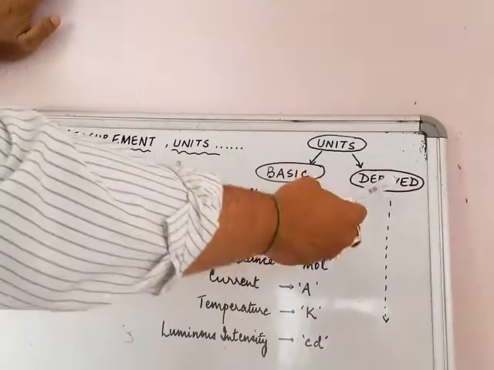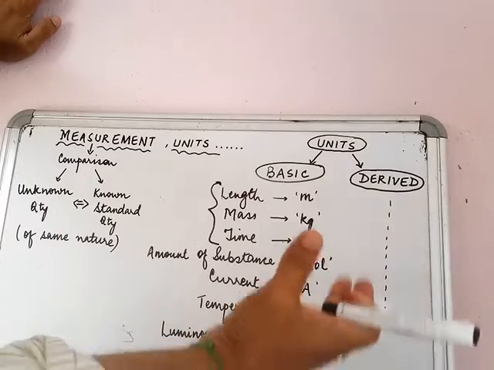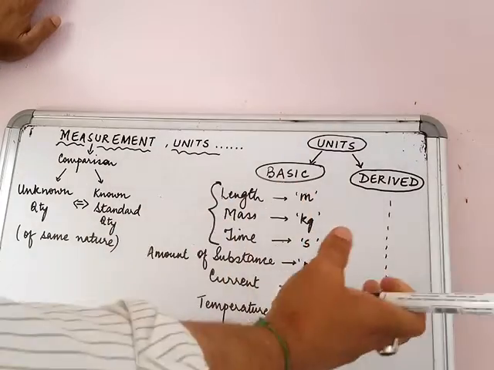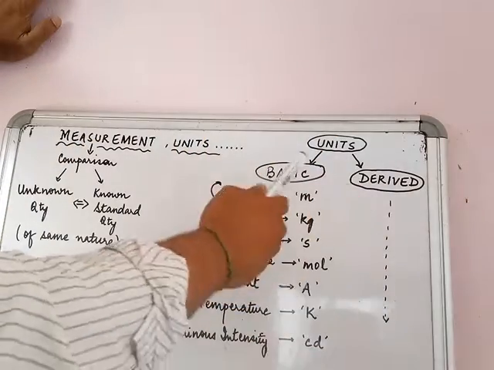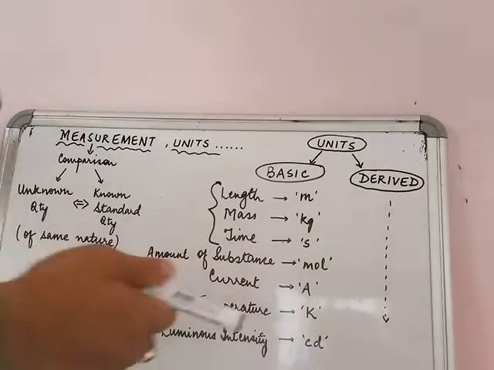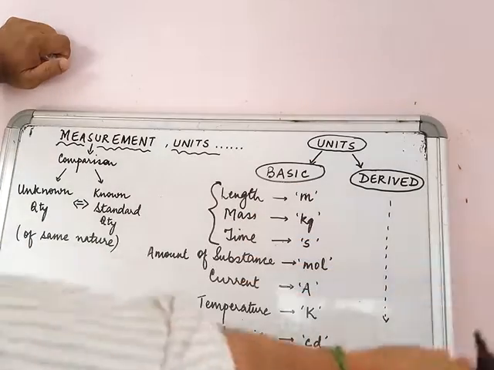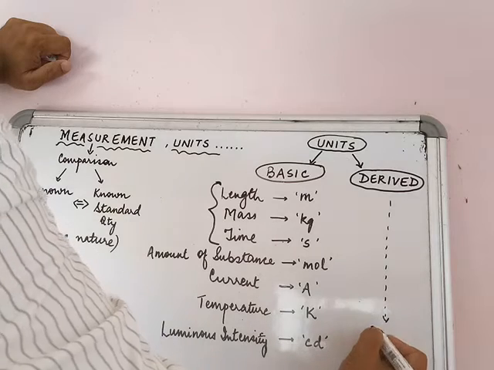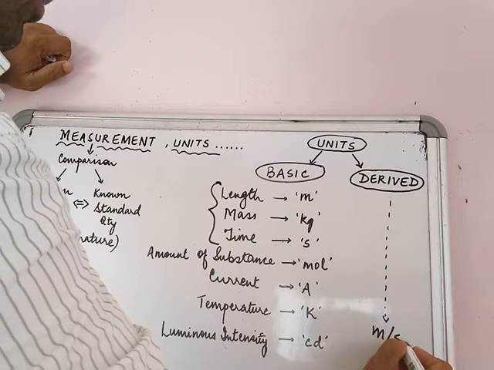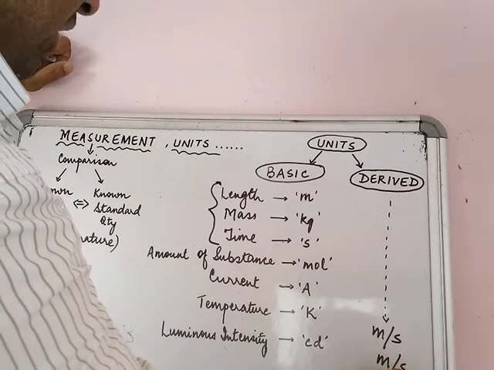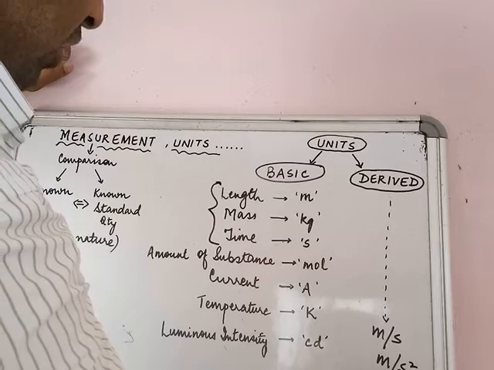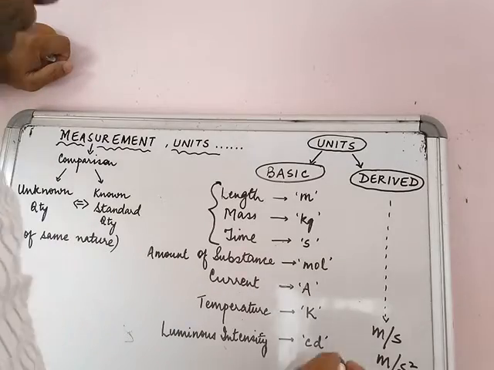If you remember, they will be derived, as the word suggests, derived or taken, or they are dependent on the fundamental unit. So in derived there is no limitation, there are numerous of them. For example, you can list meter per second, then you can have meter per second squared, then you can have kilograms per meter, and so on and so forth.